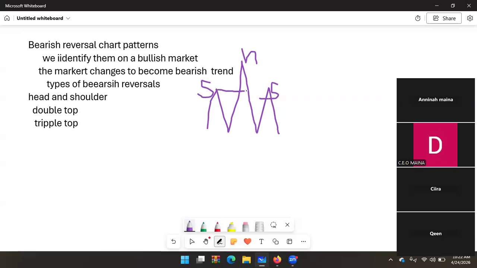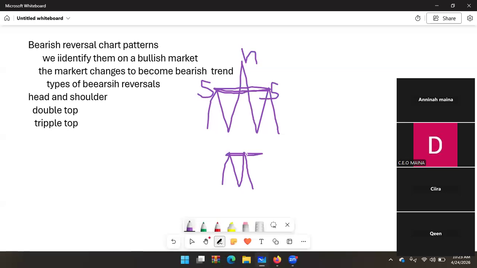Then we said for the shoulders, they have to be within the same zone. Then we have a double top. A double top will look like this, where the tops also have to be within the same zone.